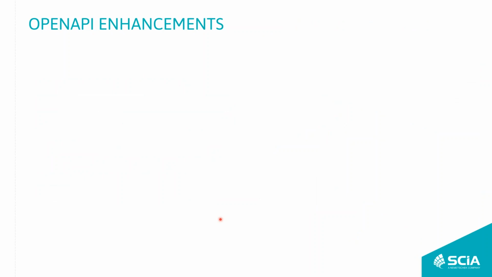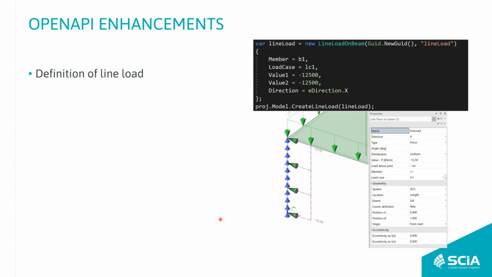Since we have been talking about interoperability, it's not just the connection with Revit or with Tekla in the name of BIM, but also we released in 19.0 our open API, and currently we are doing some enhancement of this functionality.